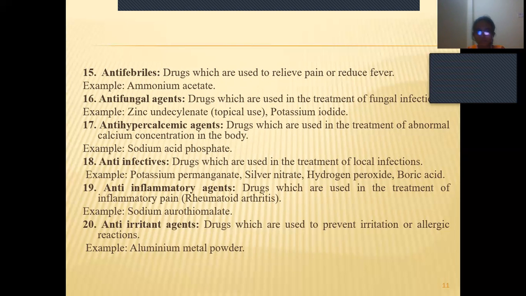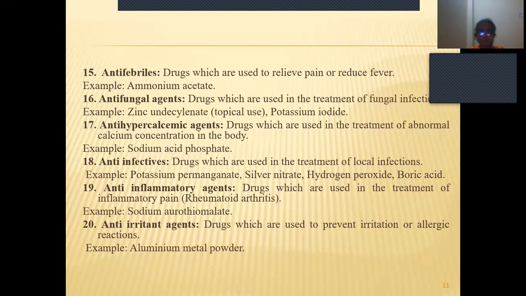For that person we are using these agents. A low level of calcium is very dangerous, and a high level is also very dangerous. The calcium level should be at the normal level, so to maintain the normal level, we require these agents.